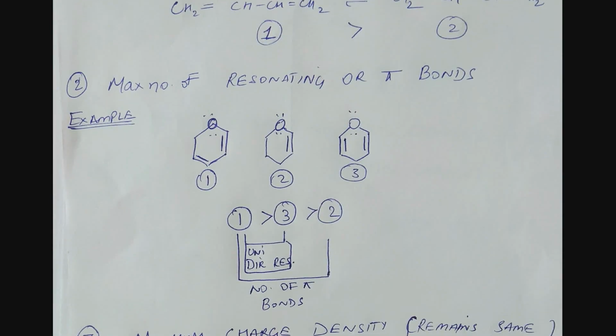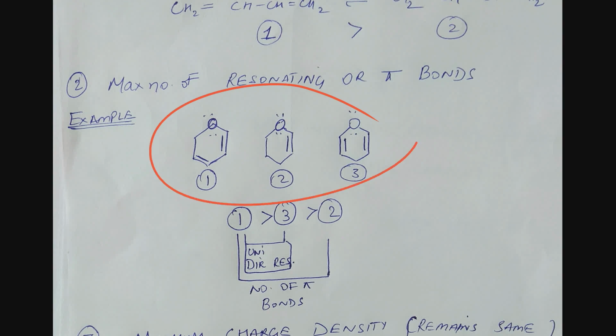Now our second rule is that the contributing structure must have more number of resonating or pi bonds. Now if we consider this example that I have taken, in the first and third the resonating structures are same. This will show 3 resonating structures, this will also show 3, but the second one will be able to show only 2 resonating structures, therefore it's least stable, so it comes to an end.